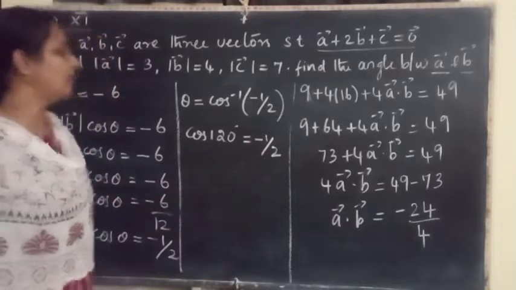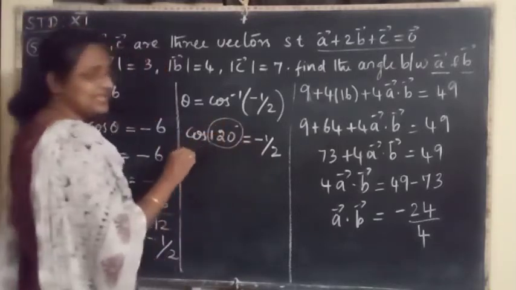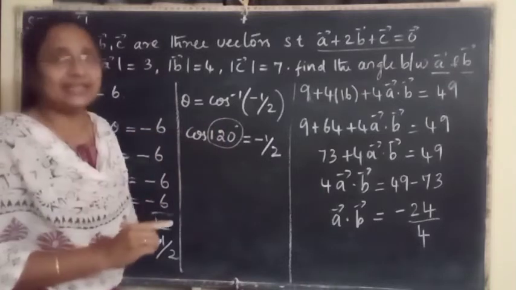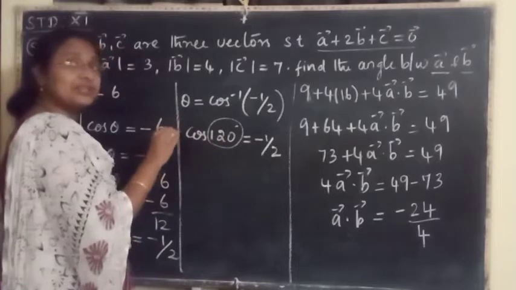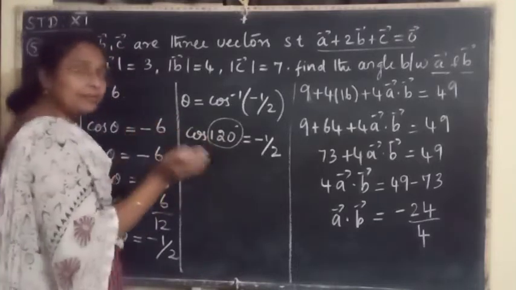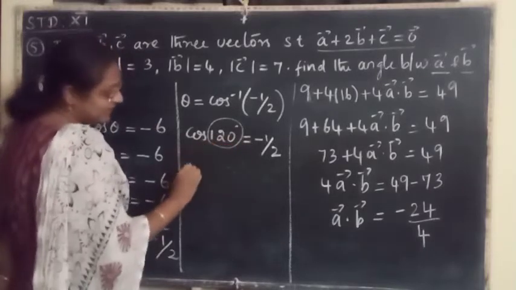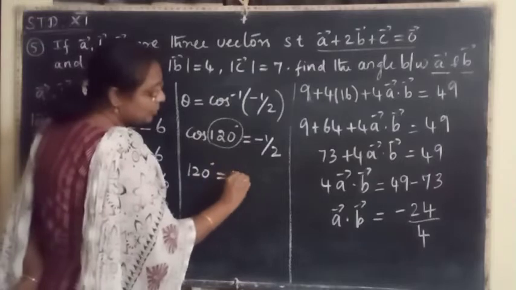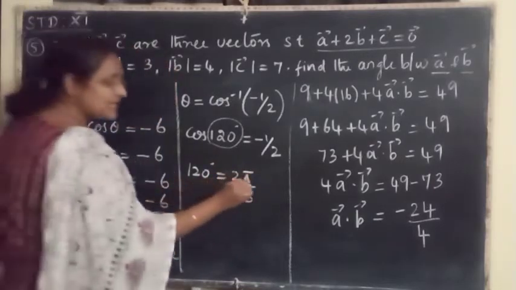Is it clear? Okay. Now, we are not going to mention it as 120 degree here because you are in higher secondary now. You will learn these things in trigonometry very briefly. So for this sum alone, you can memorize and keep. Instead of 120 degree, we will write it as 2 pi by 3. You know what is pi, isn't it?